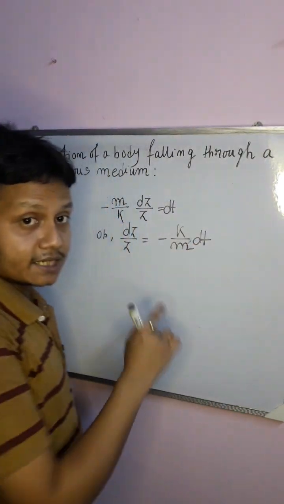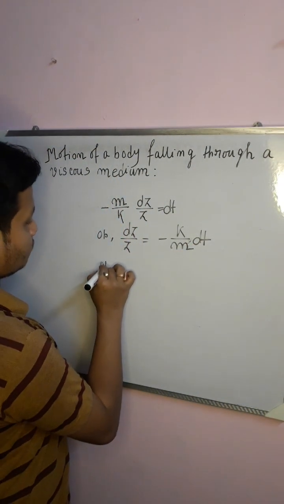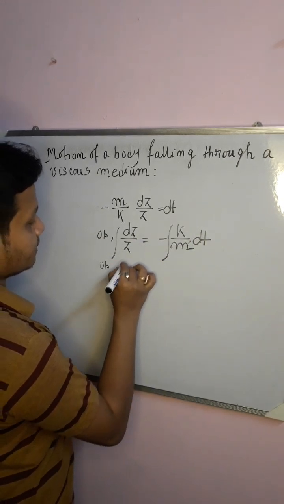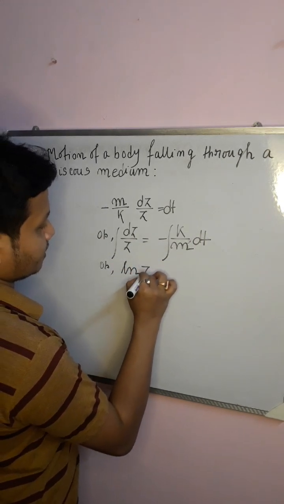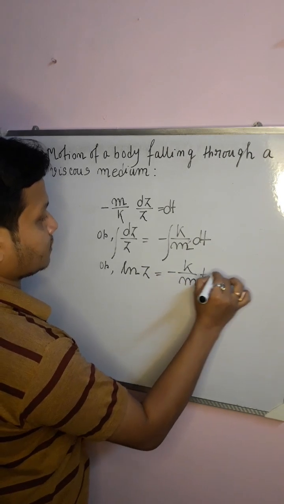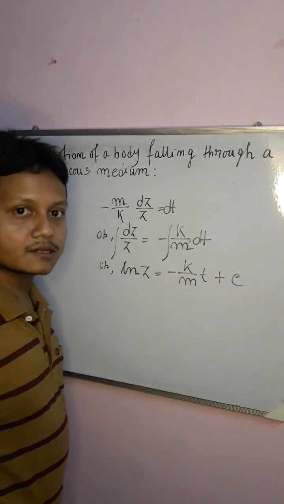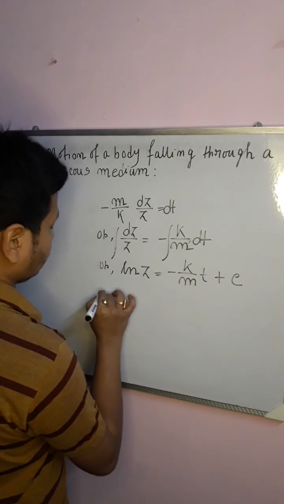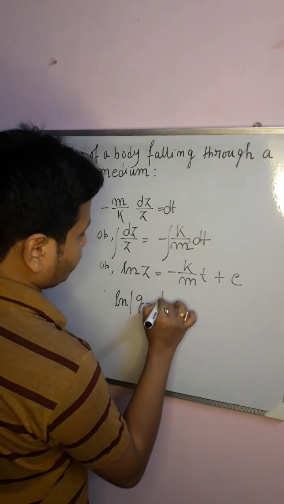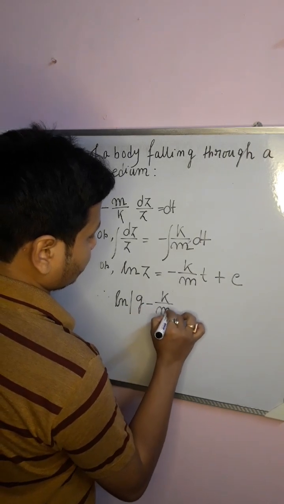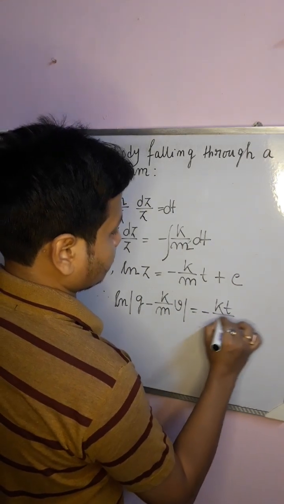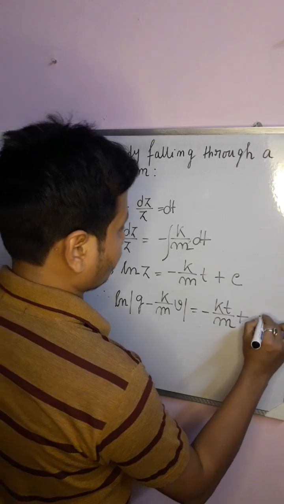Now if we integrate this expression, we get ln z equals minus k by m into t plus c, the integration constant. What is the value of z? We assumed z as g minus k by m into v. So ln(g minus k by m into v) equals minus kt by m plus c.